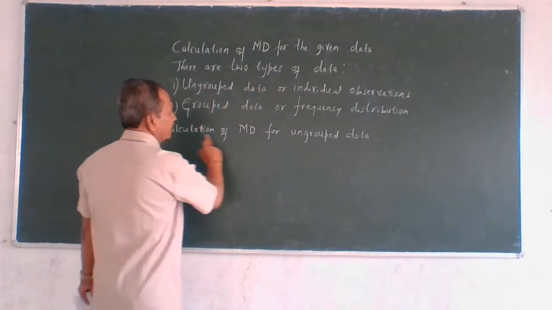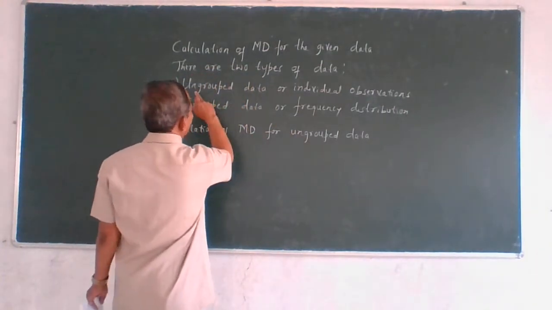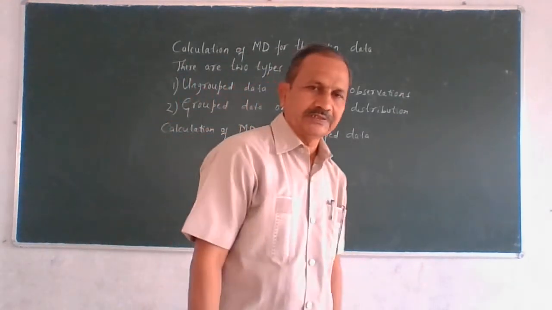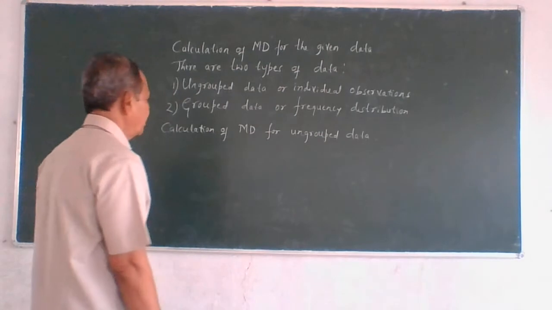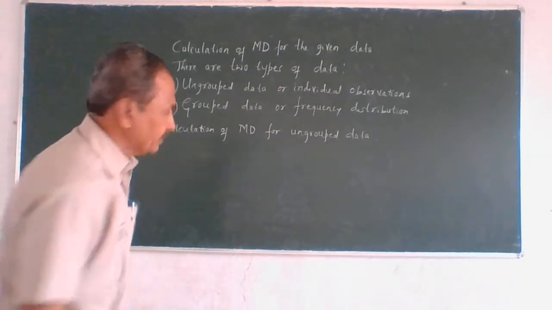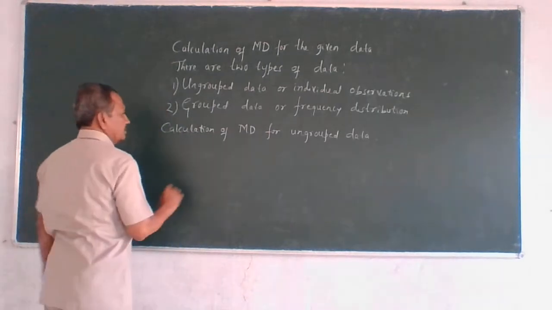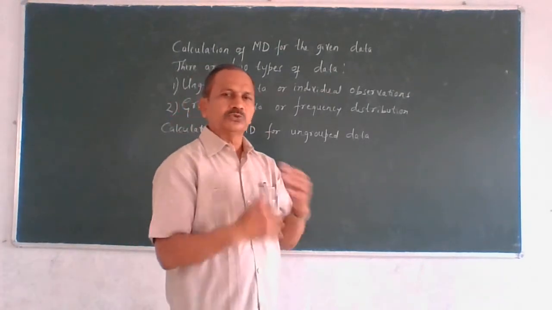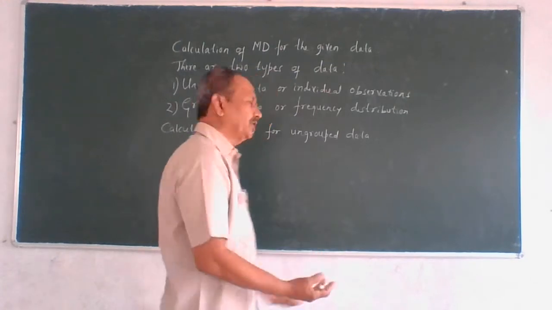Now let us see how to calculate mean deviation for ungrouped data or individual observations. Suppose there are n observations which are denoted as x1, x2, xn. Then how to calculate mean deviation?